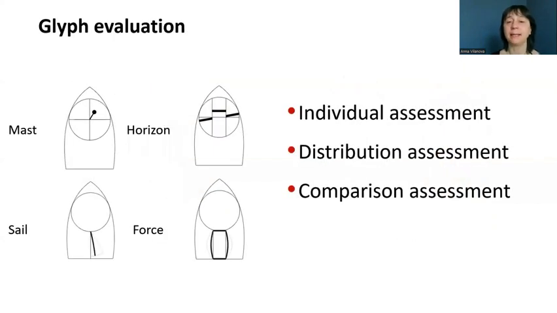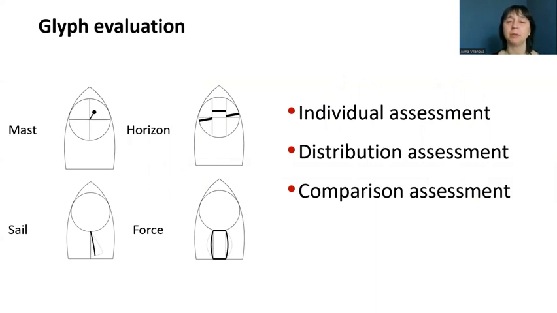To decide whether the glyph design was adequate and which glyph design we should choose between the mast and the horizon, or also whether the sail should be the sail or the force, we made a user evaluation in which we evaluated different tasks and their performance on getting the right values. We did different aspects.